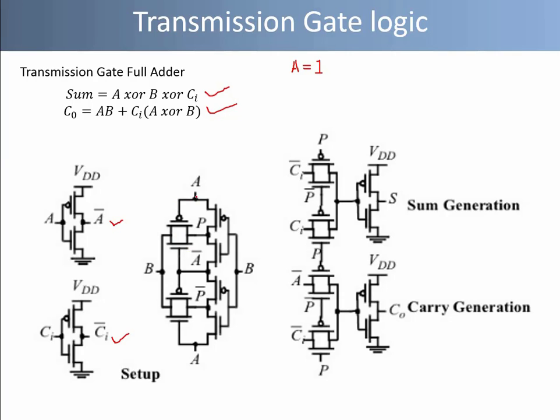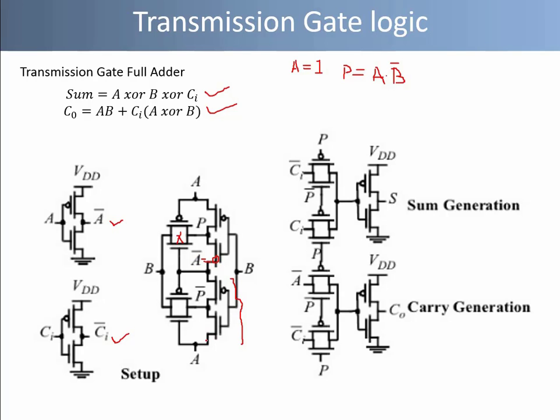When A is equal to 1, this transmission gate is turned off and these two transistors behave like an inverter, and P becomes equal to B complement. So we can write P is equal to A and B complement. For this lower portion, the source terminal of the PMOS transistor is connected to A complement, which is equal to 0.